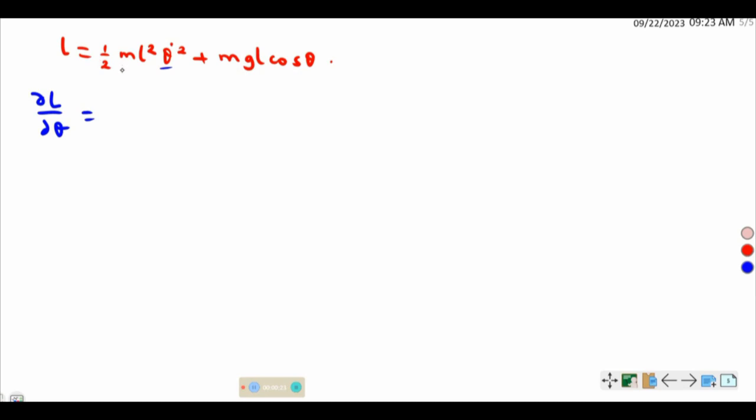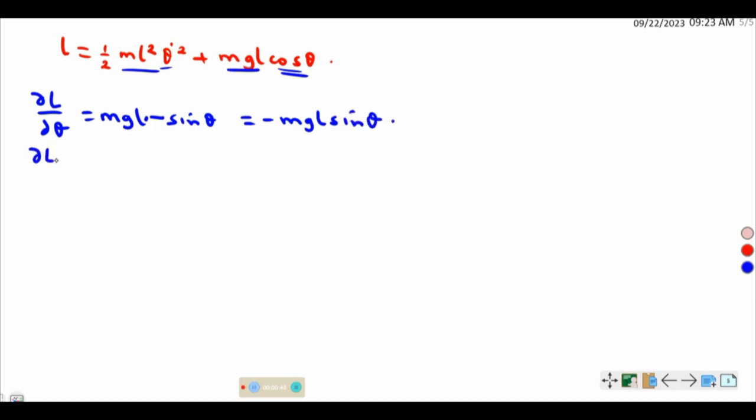It will be like a constant, so it will give us 0. When you differentiate the second term with respect to theta, m g L are constants, and differentiating cos of theta gives negative sine of theta. So this will give us negative m g L sine of theta.